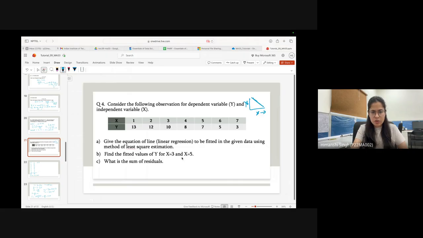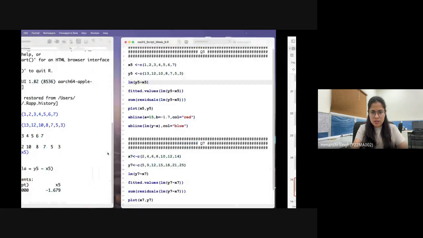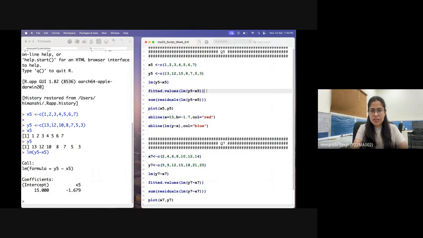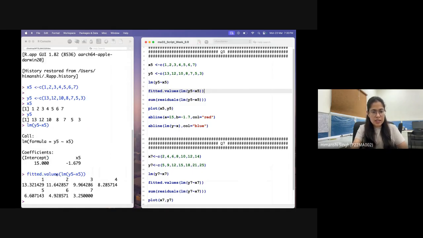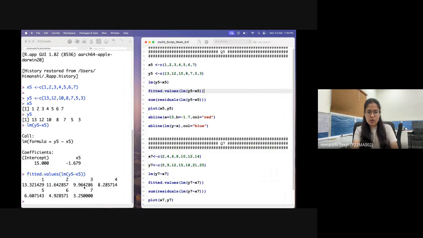Further, it asks for the fitted values. Using R, we can directly find the fitted values for all the xi's. If I run fitted.values(lm(y5 ~ x5)), you can see that for x equals 1 it is 13.32, for x equals 2 it is 11.64, and for x equals 3 it is 9.96. We calculated 9.95 because we are not considering many points after the decimal, so there is a slight difference: here it is 9.95 and there it is 9.9642.